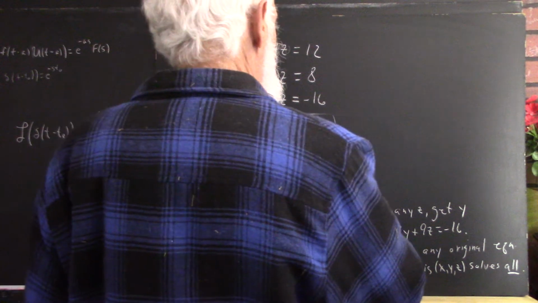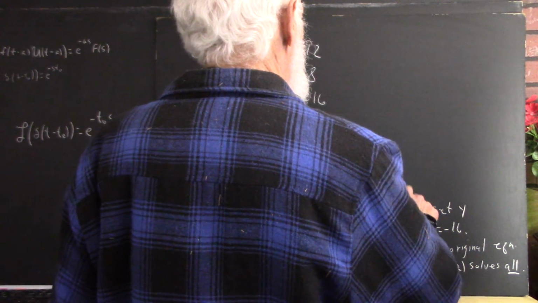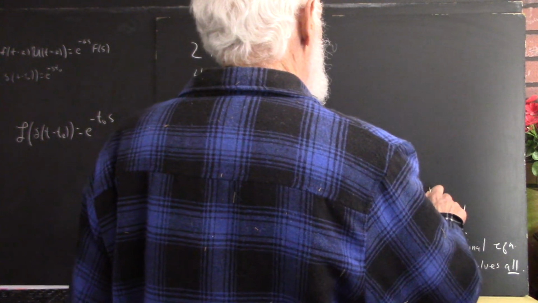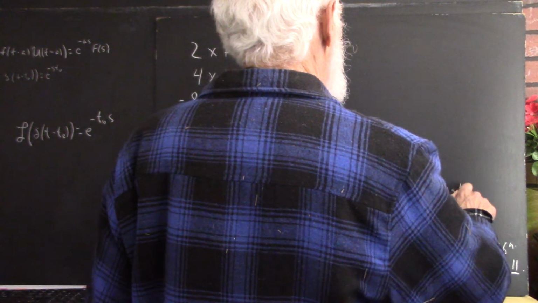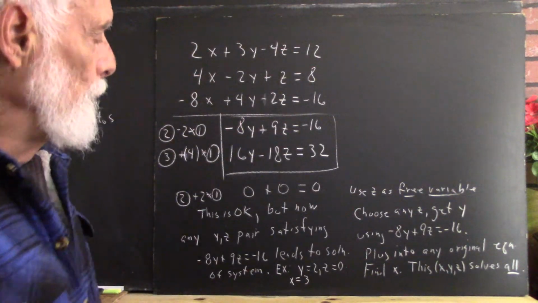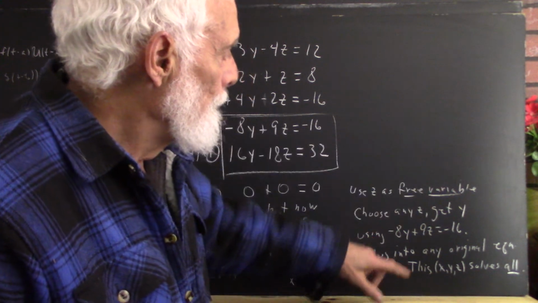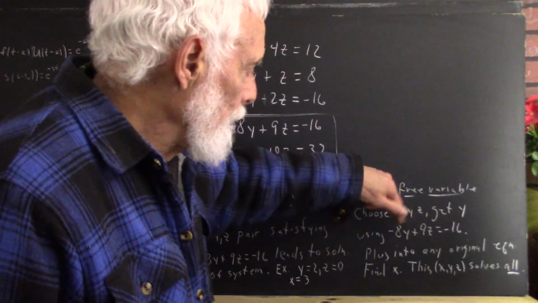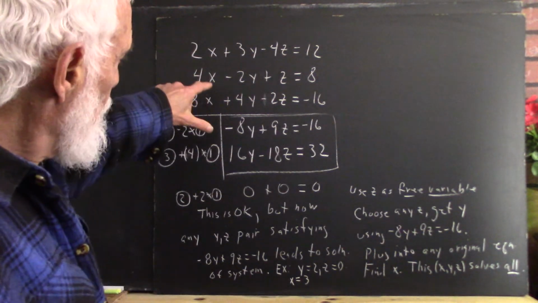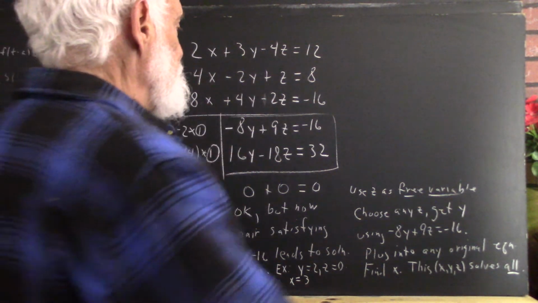So I'm going to say what we do here: use z as our free variable. Choose any z, we get y. Take that y and z, plug into any equation, you get x. Satisfies everything. Okay.